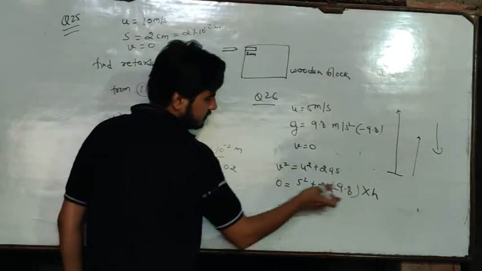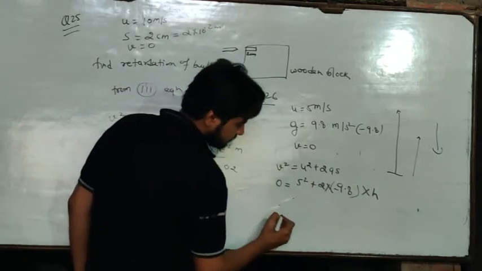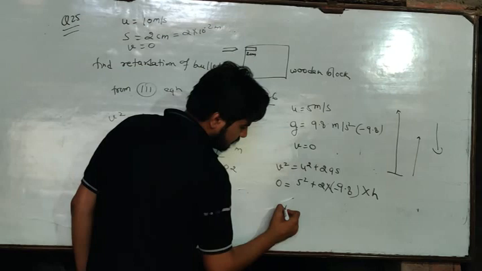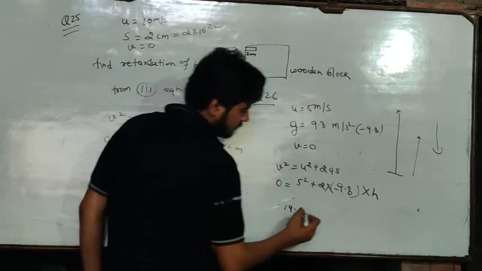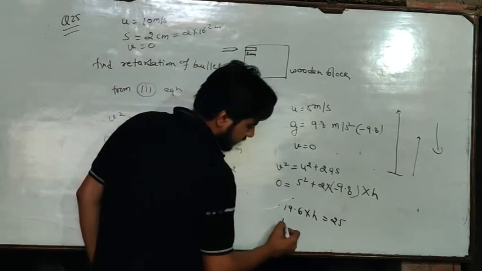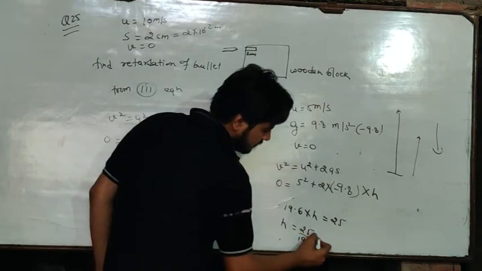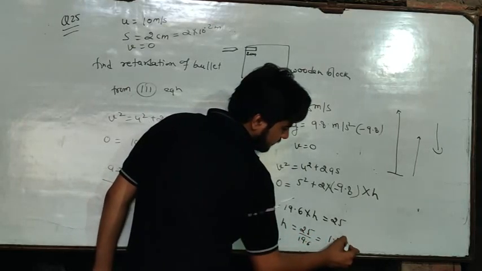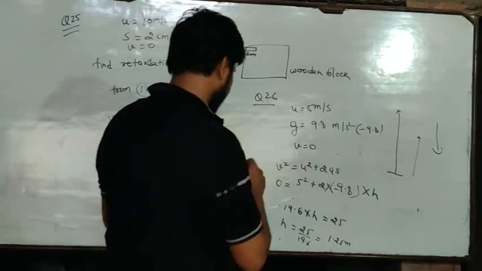We take this portion to this side, then this will be positive. Into h is equal to 25. H is equal to 25 divided by 19.6. This is the value of how much height it obtained.